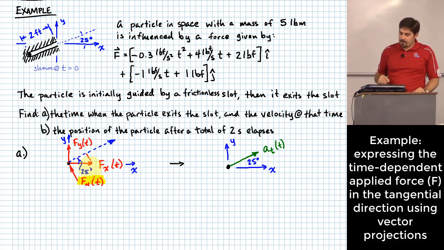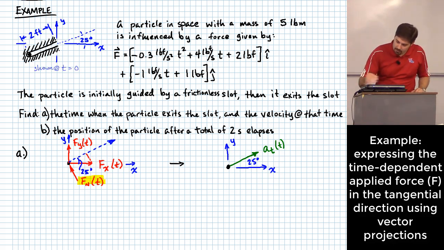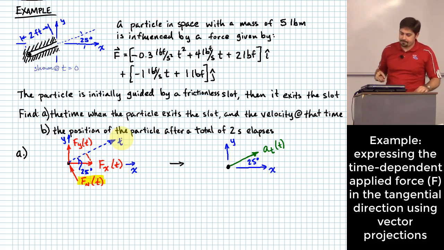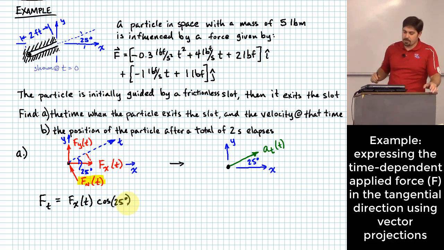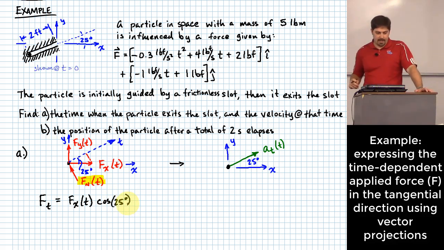And so the component that I have then that projects onto this tangential axis is going to be, I'm going to start writing this tangential force here. I'm going to have whatever Fx was as a function of t multiplied by the cosine of 25 degrees. Okay? That's the contribution of the x force that I have being applied.